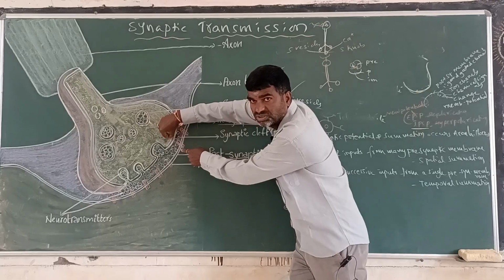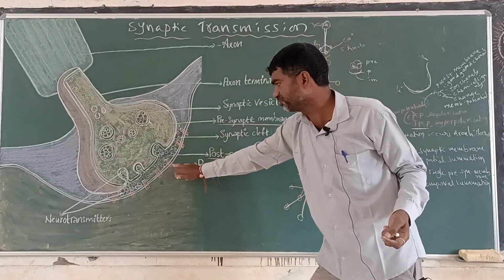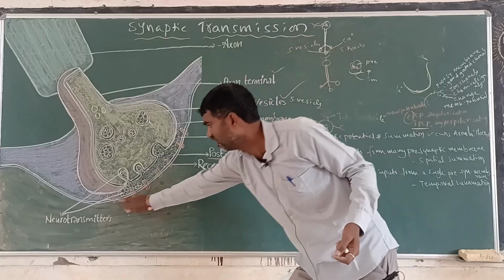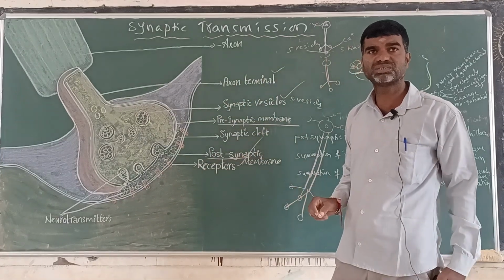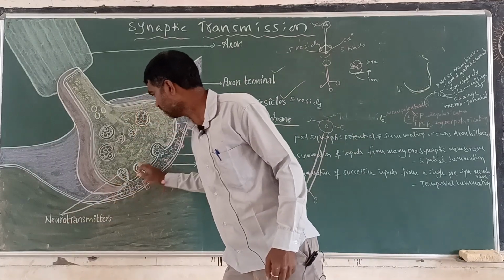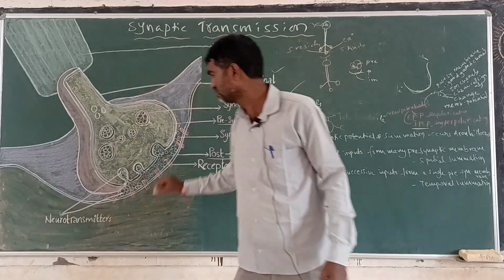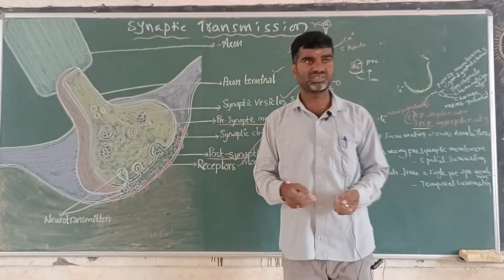And in the last region, these are all receptor sites, the receptors. And these are called neurotransmitters.